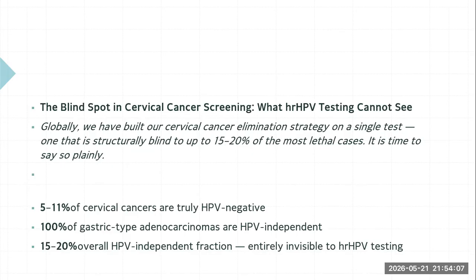I had already told you earlier that the blind spot in cervical cancer screening through high-risk HPV means that we are missing HPV-independent or HPV-negative cancer. 5 to 11% of cervical cancers are truly HPV negative, and 100% of gastric type adenocarcinomas are HPV independent. So 15 to 20% overall HPV-independent fraction is entirely invisible to high-risk HPV testing.